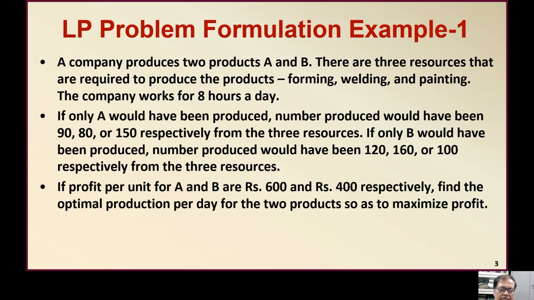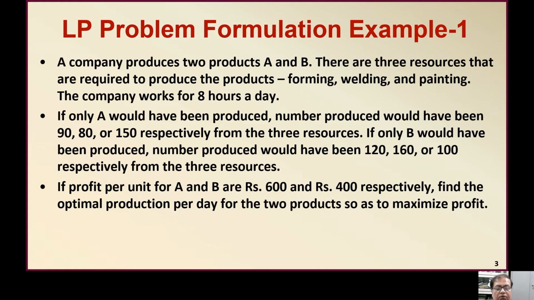It's not that all of them will be produced, because to make 1 unit of product A, we need all three resources, that is forming, welding and painting. So in a sense, we can make only 80 perhaps, because that is going to be our bottleneck resource. But forgetting the bottleneck resource at this point of time, the essential idea is that all the three resources are required, and forming capacity expressed in terms of product A is 90.